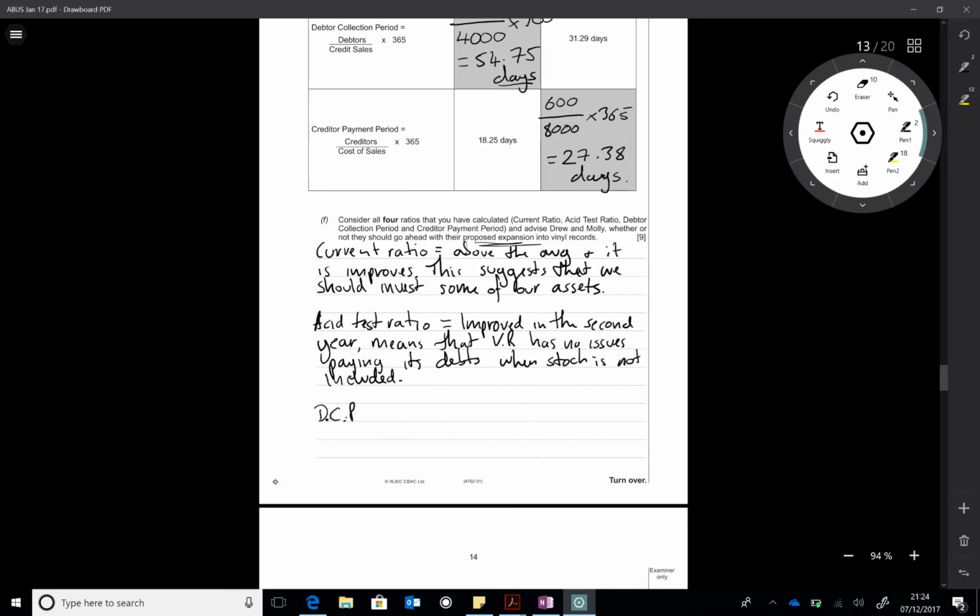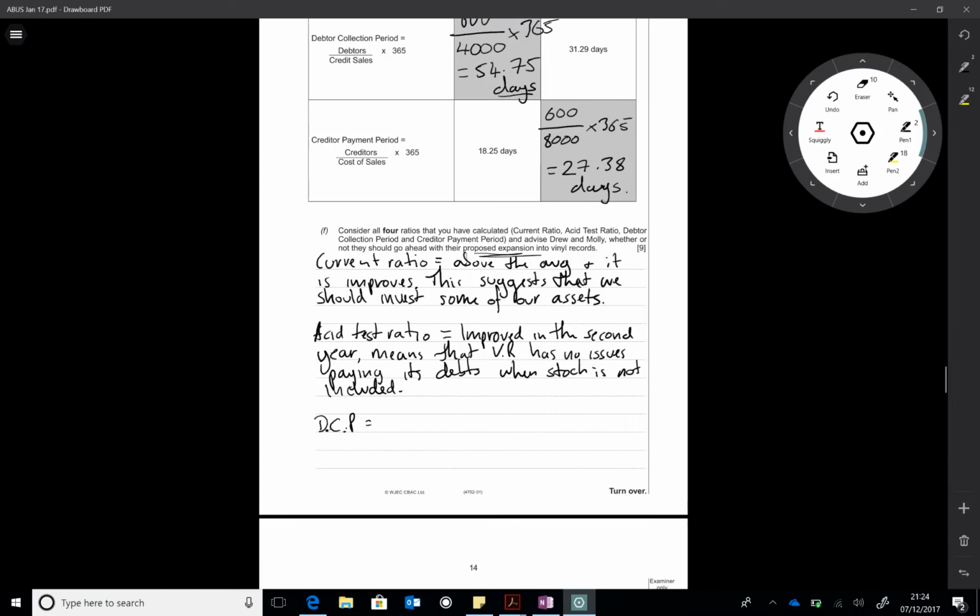So then we move on to the debtor collection period. Okay, and I'm going to abbreviate to DCP because I'm running out of space. So the debtor collection period has dropped from 54.75 days to 31.29 days. Okay, so again, you can say this has dropped.